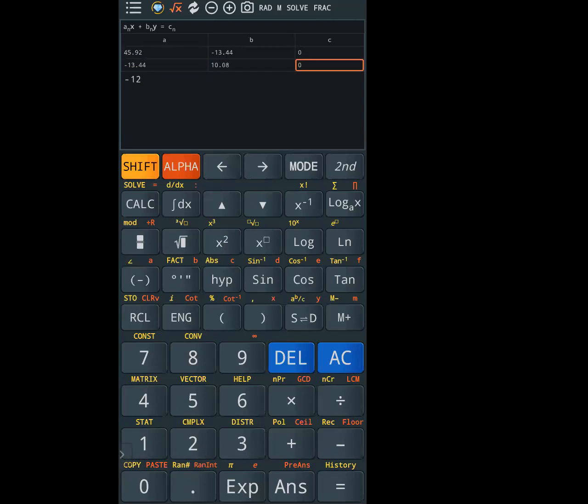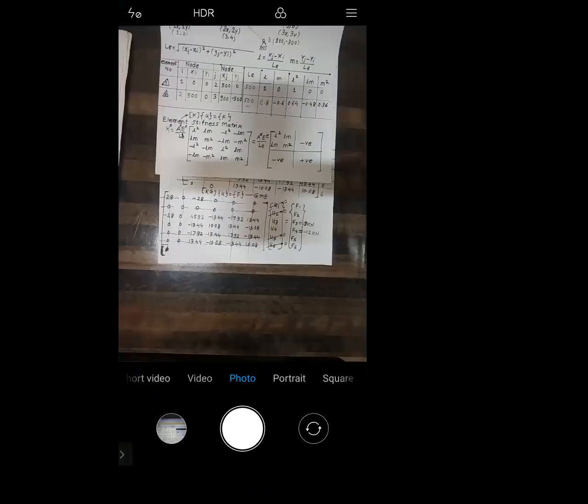So tell me how much answer you're getting? Minus 0.57, right? And this one minus 1.95. All of you getting the same value or not? Okay, so let's write down here.